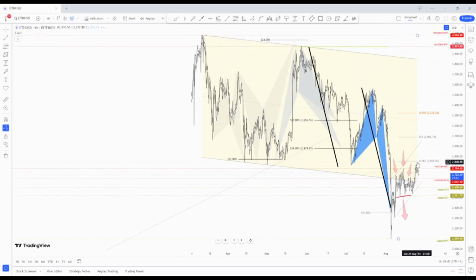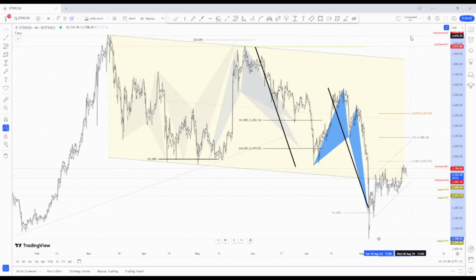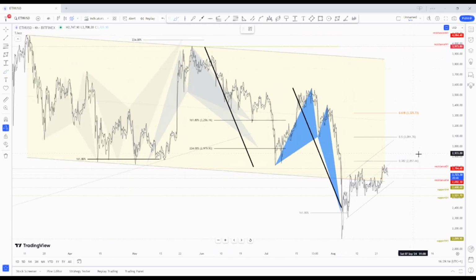Ethereum, I was tracking this minor lower degree head and shoulders pattern formation. Of course, if Bitcoin starts to bounce and trades higher, Ethereum tends to follow, and at some point that possibility was invalidated. Levels to consider: the 38% Fibonacci retracement level, 28.57. If the price breaks above, of course, I will target the next Fibonacci level, the 50% Fib.